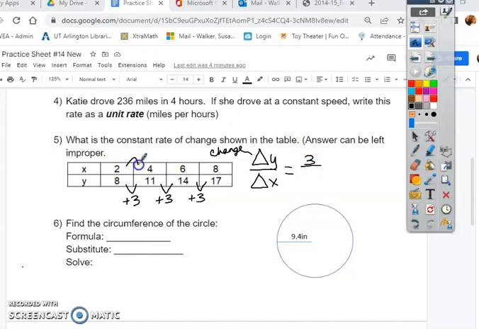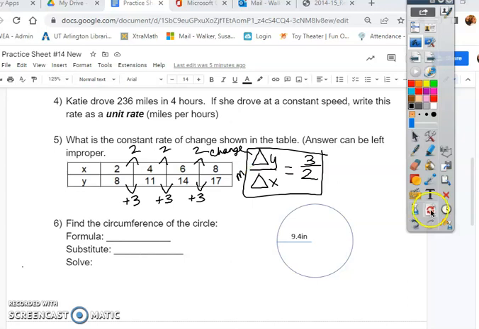On bottom, 2 plus what is 4? 4 plus what is 6? 6 plus what is 8? So the change in x goes down, and that's it. That's the constant rate of change. That's what we call m, okay? So you don't have to change that. It can be left just like this, okay?